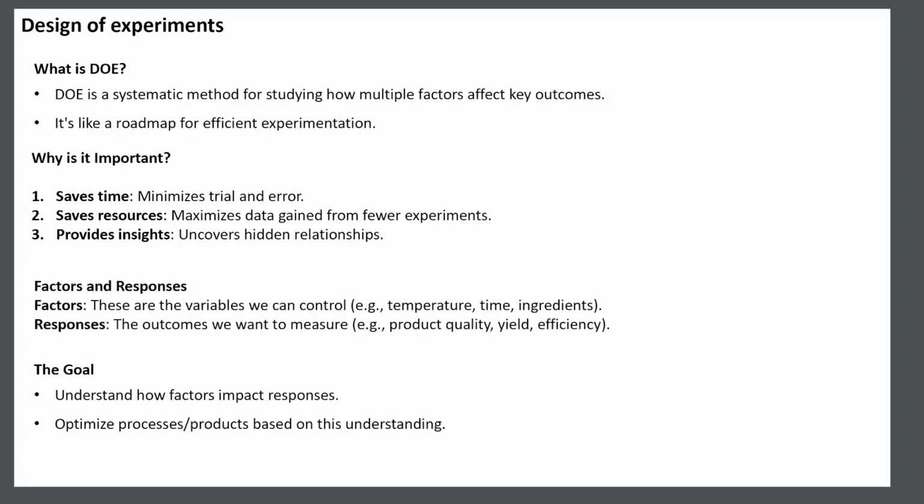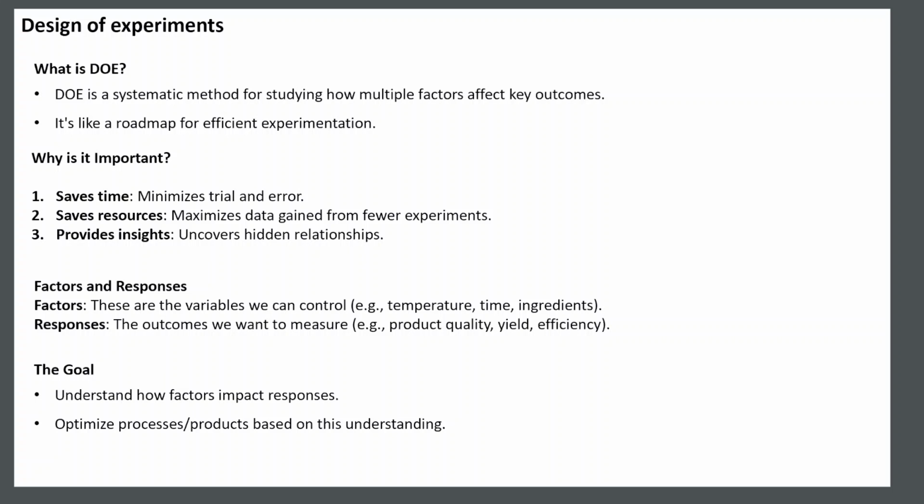Time can also affect, because in the morning the temperature will be different, in the afternoon the temperature will be different. So time and temperature interact with each other. Then ingredients like composition can also affect the mechanical or chemical properties. So these are the factors, the variables which can affect or control the output.